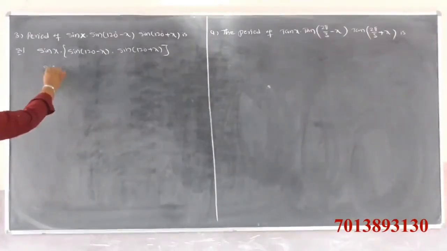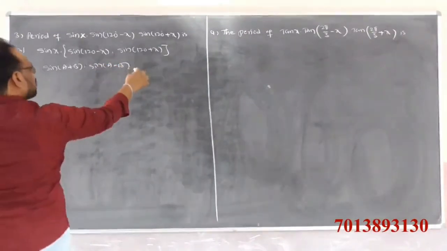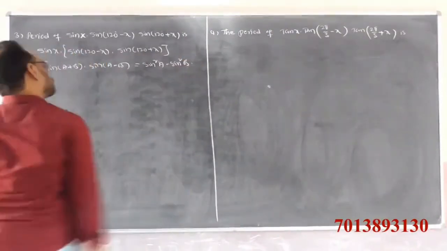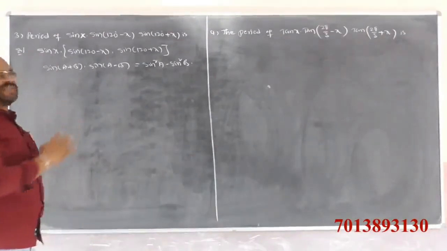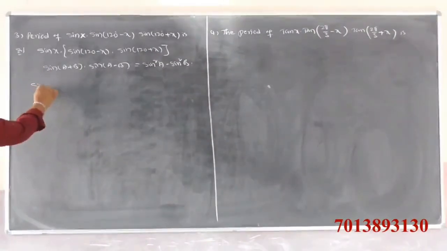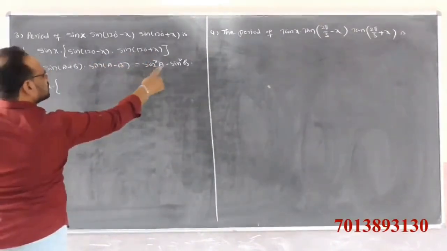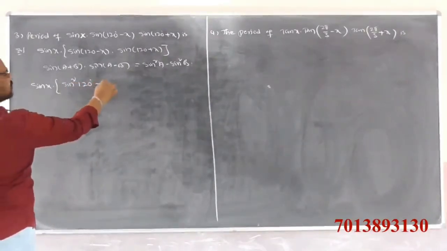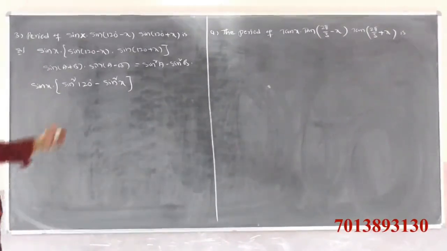We know that sin(a plus b) into sin(a minus b) is equal to sin square a minus sin square b. So this can be written as sin x into (sin square 120 degrees minus sin square x).